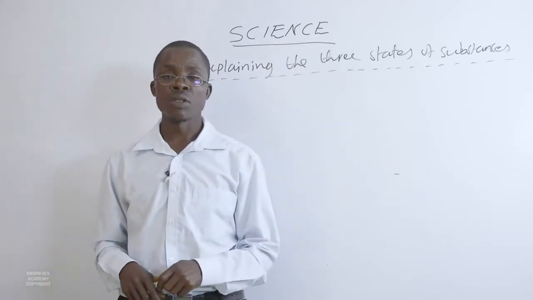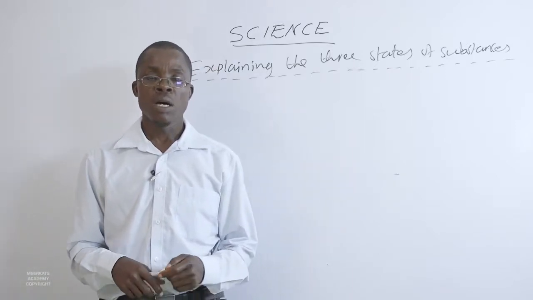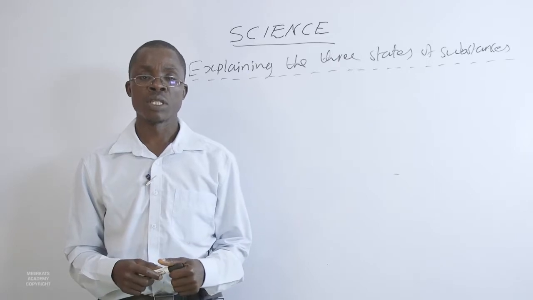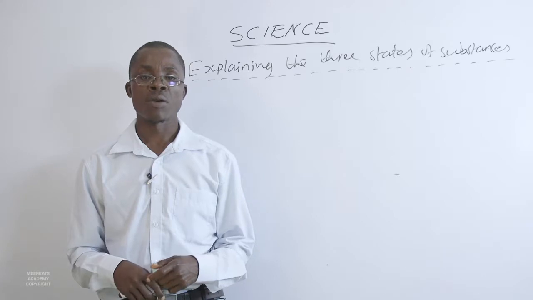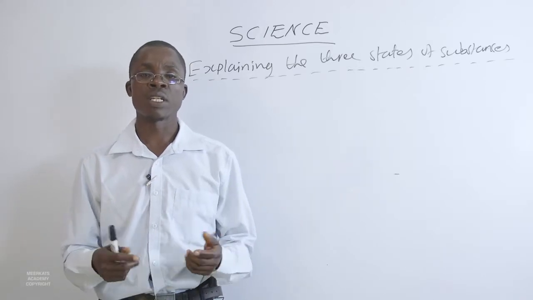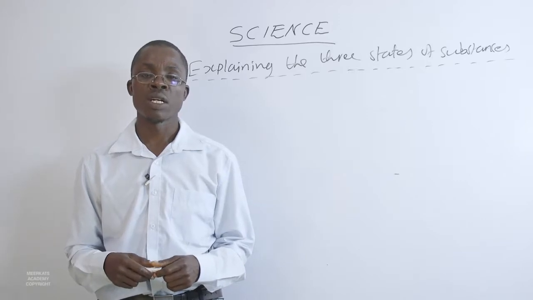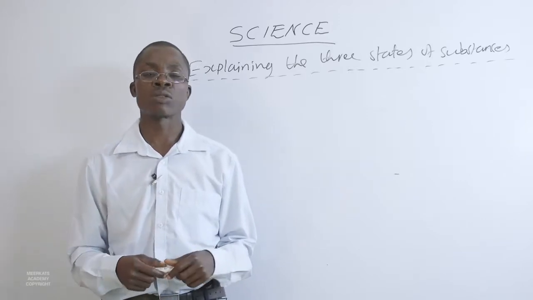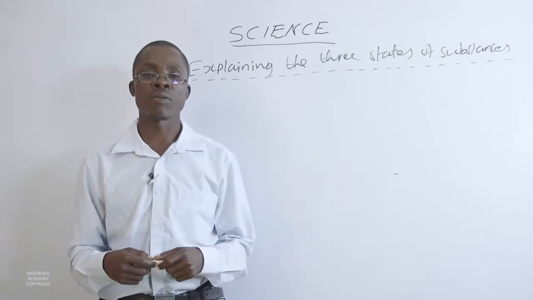In our previous lesson, we looked at the three states of matter and how you can try to partially explain how one state of matter changes to another and reverses back to the previous one, or where it has just come from.